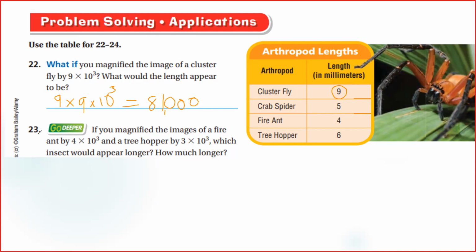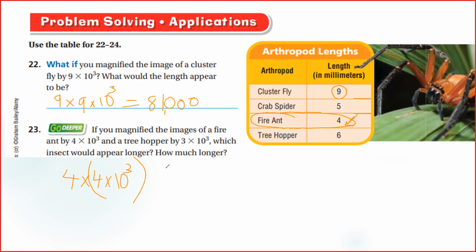Now look at number 23. If you magnify the image of a fire ant by 4 times 10 to the power of 3. Here, this is the ant. Its magnification is 4 times 10 to the power of 3, and its length is 4.